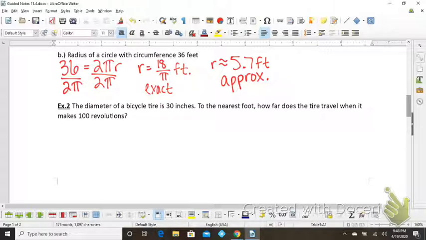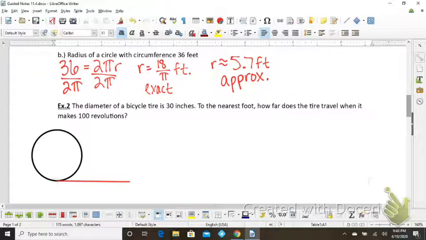All right, example 2. The diameter of a bicycle tire is 30 inches. To the nearest foot, how far does the tire travel when it makes 100 revolutions? You can imagine this tire on the ground.